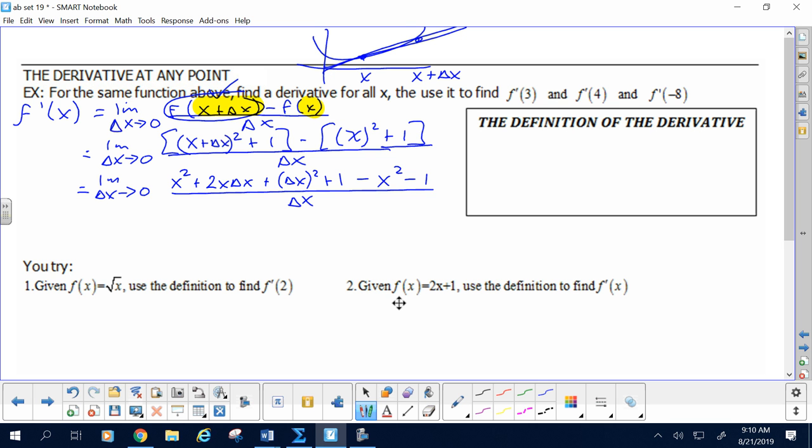All right. With cleanup, what do I get in the numerator? What goes away? The 1's go away. What else? The x squareds go away, leaving you 2x delta x plus delta x quantity squared over delta x.